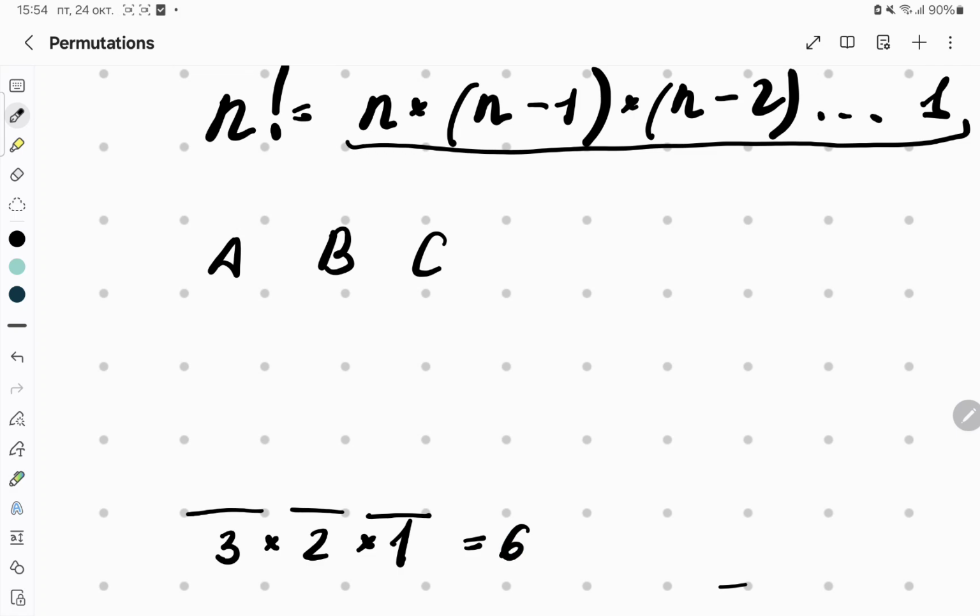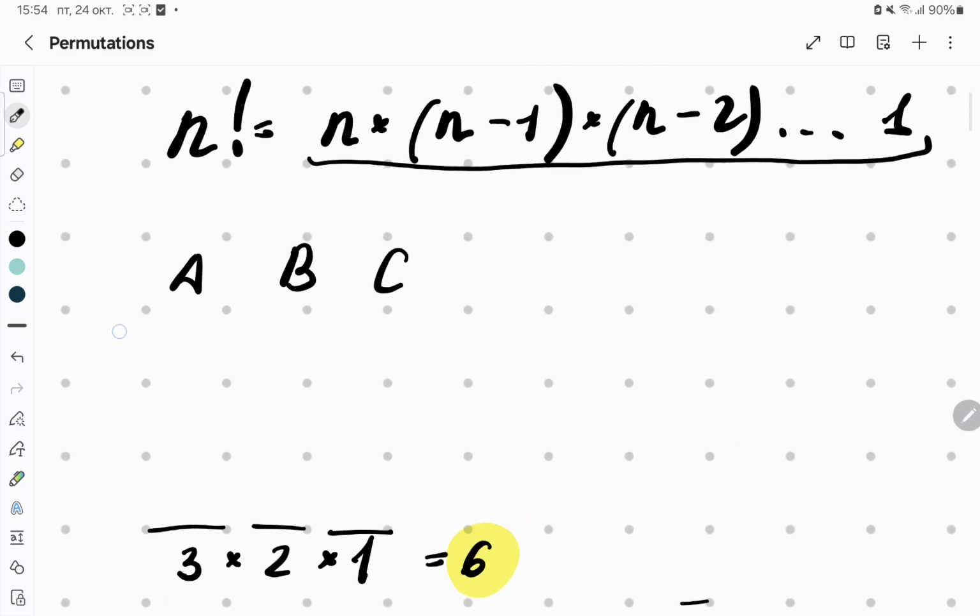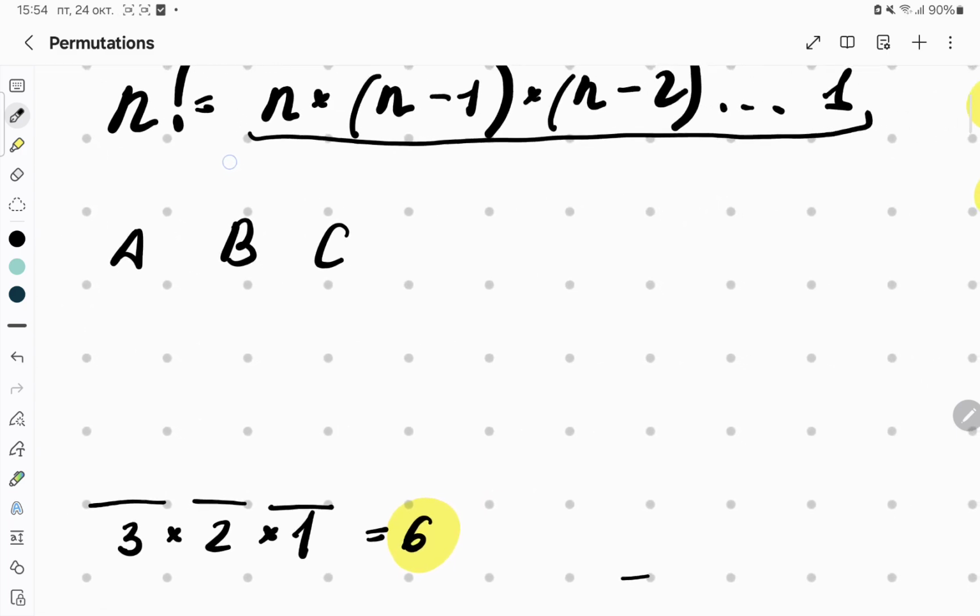And what does this 6 represent in the context of real life? It means that there are 6 different words that could be constructed from the letters A, B, C. Let's list these words and see what they look like.